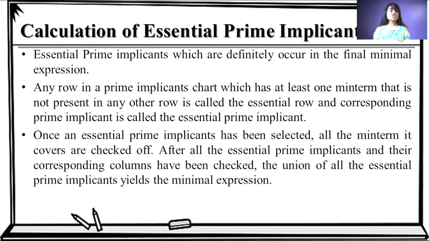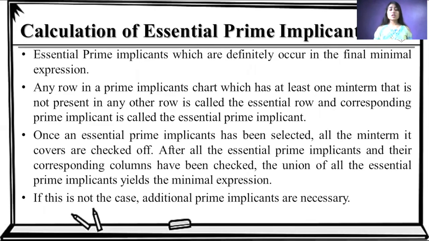Once an essential prime implicant has been selected, all the minterms it covers are checked off, and after all the essential prime implicants' corresponding columns have been checked, the union of all the essential prime implicants yields the minimal expression. If this is not the case, then additional prime implicants are necessary.